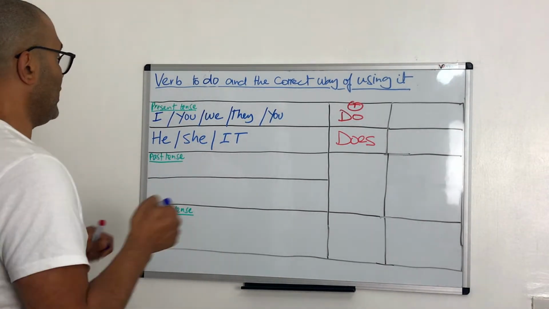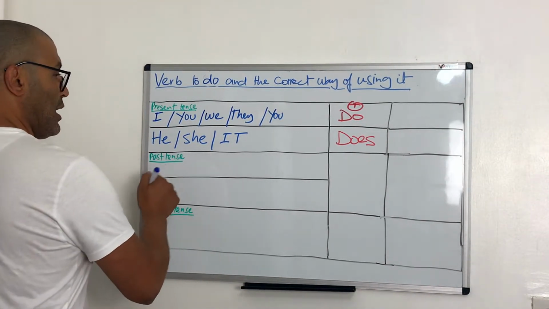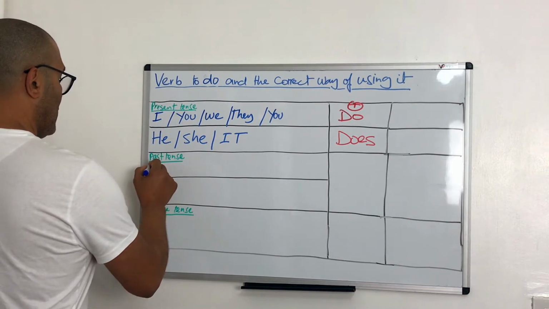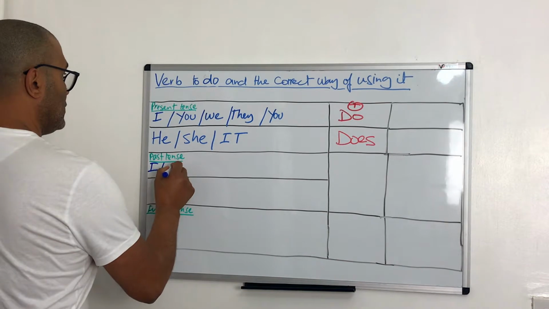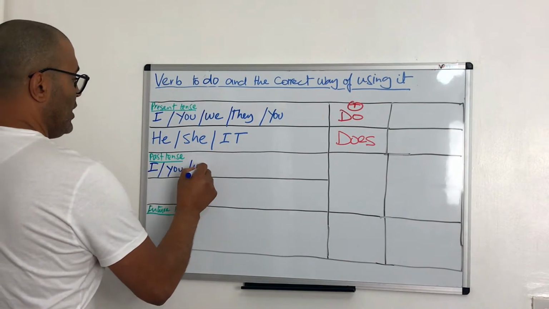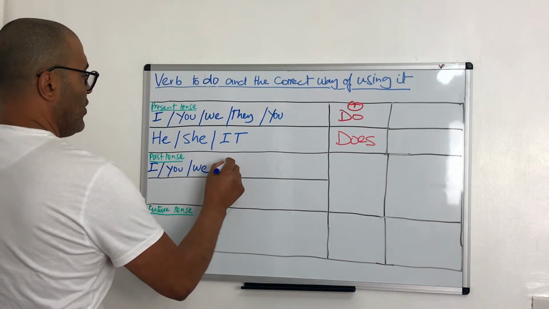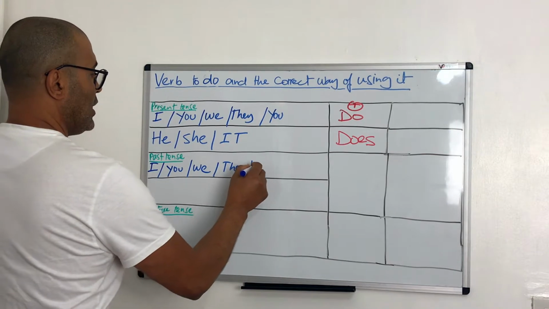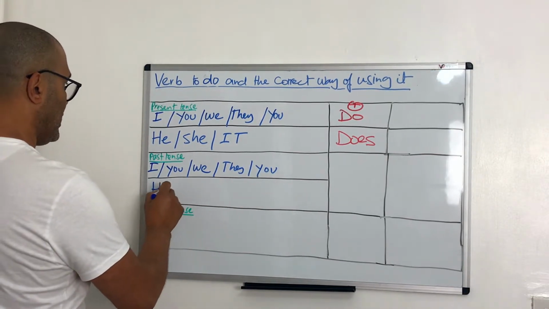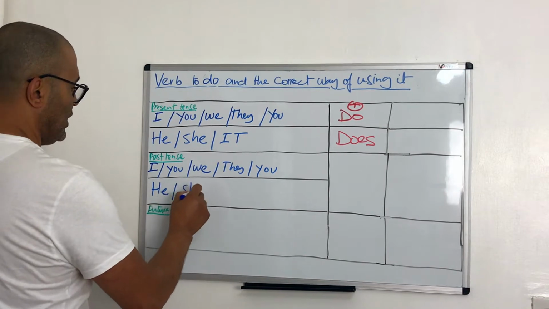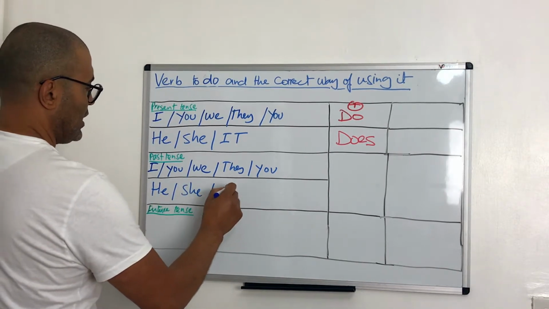This is the past simple, the past tense. Exactly the same thing. So we use I, you, we, all the nouns, they, you, and then he, she, and it.